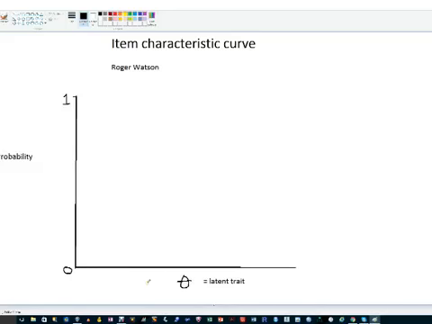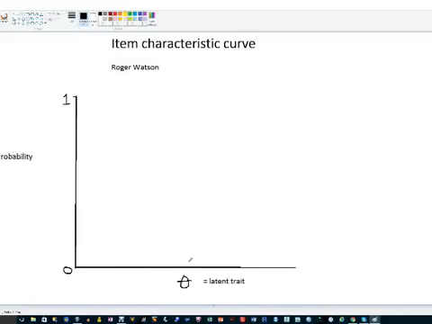What I'm going to do next is draw a curve, the item characteristic curve, that relates the latent trait score to the score on an individual item. But before I do that, I'm just going to mark another couple of points on this graph.